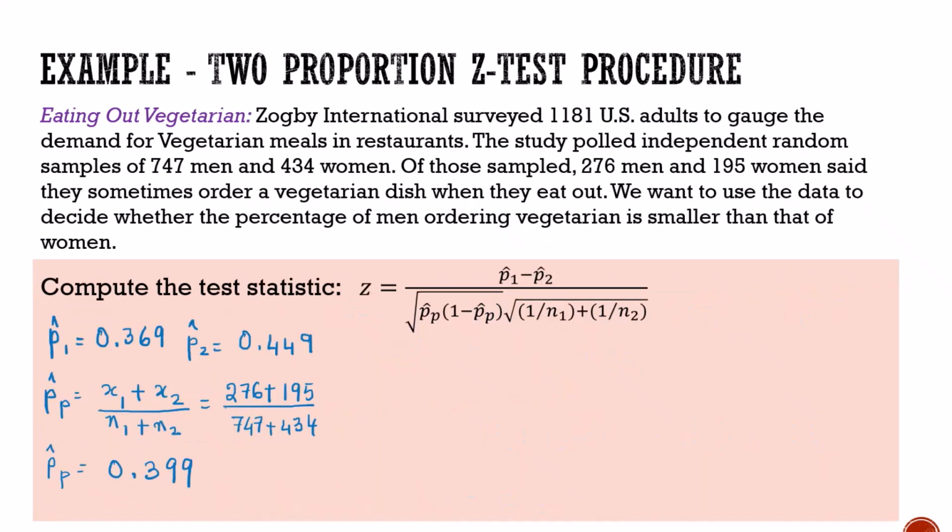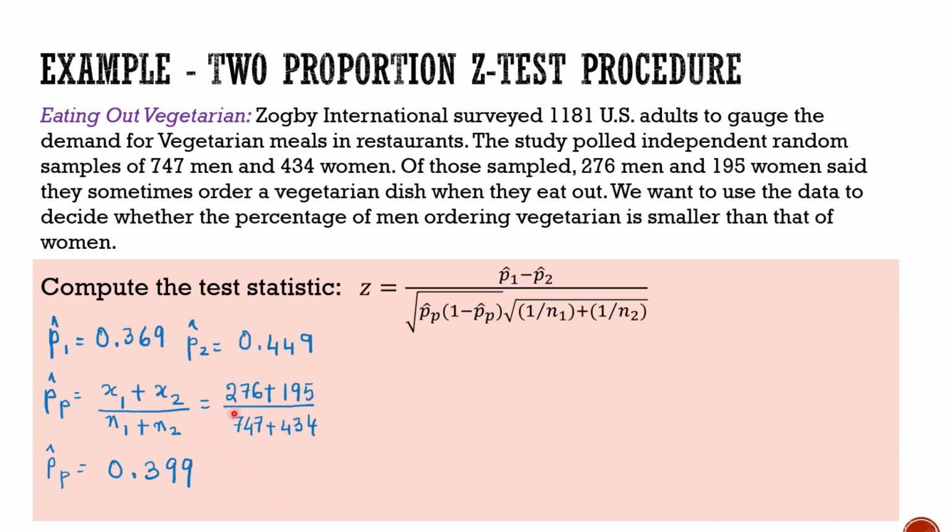So here we are going to calculate our test statistic, which is going to be a z value using this formula given here. Now, I've already written out some of the quantities that we calculated previously for p̂₁, p̂₂, and then we also have to calculate p̂ₚ using this formula.